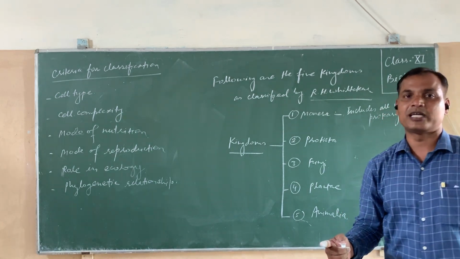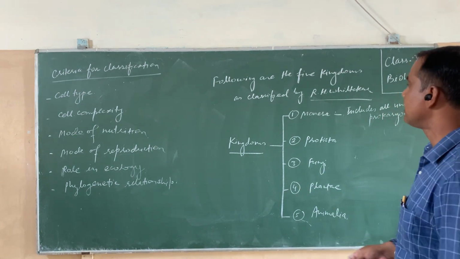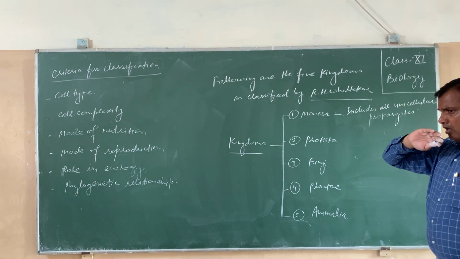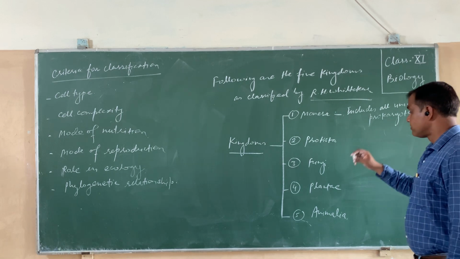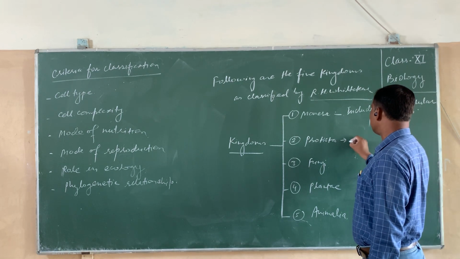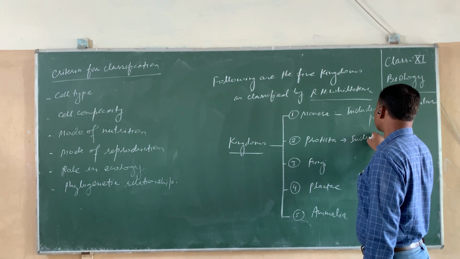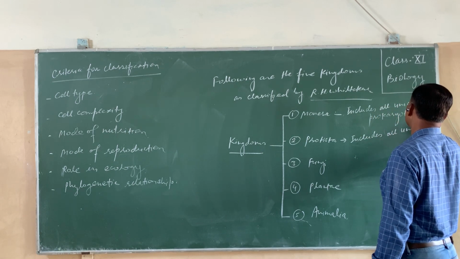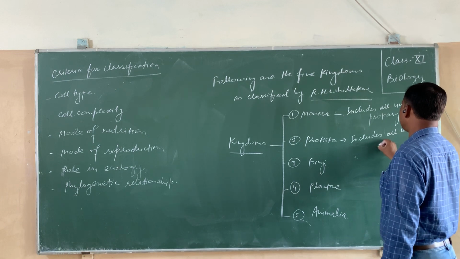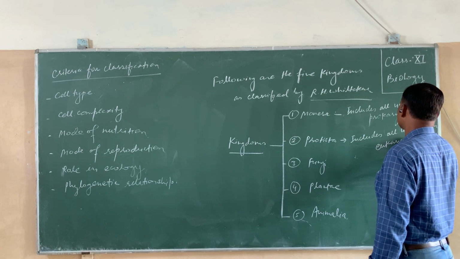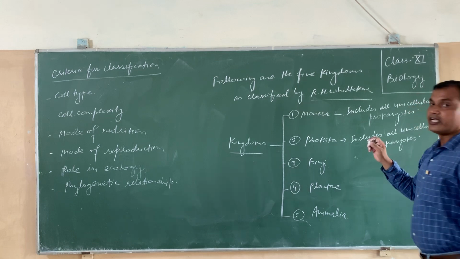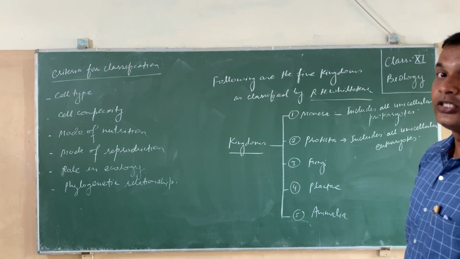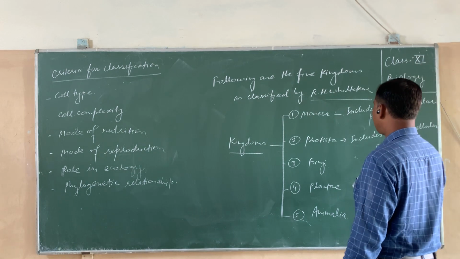In a single line you can remember that monerans are all unicellular prokaryotes. The Protista includes all unicellular eukaryotes. All the protistans will be single celled and will possess eukaryotic cells.